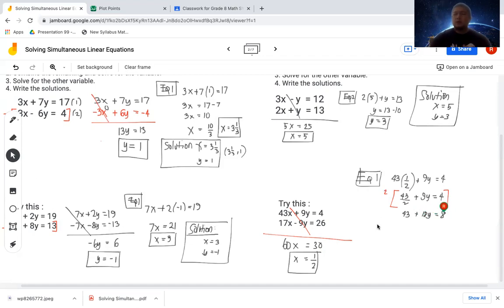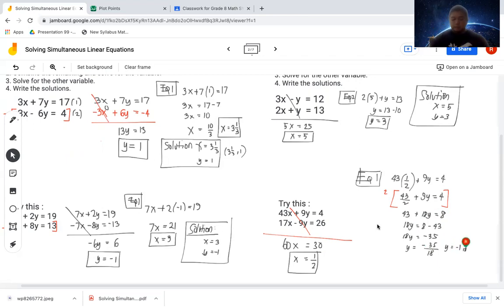So from here, it will be easier for us to see how to solve for the value of y. So let's say I got 18y is equivalent to 8 minus 43. So that means 18y is now equivalent to negative 35. And y now is equivalent to negative 35 over 18. Or we can say that y is equivalent to negative 1 and 17 over 18.